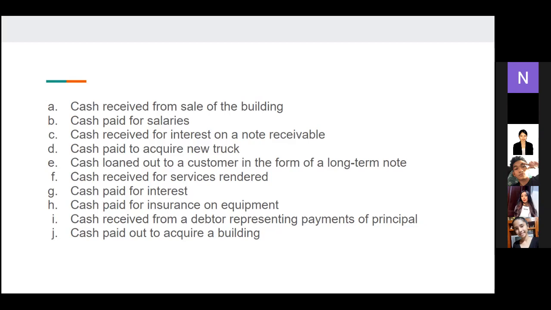So, sa letter D, sino gusto sumagot dyan? Try ko na lang. Yes, ano sa letter D? Cash paid to acquire a new truck.